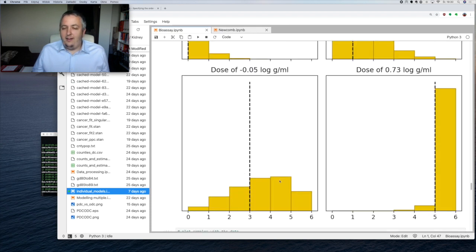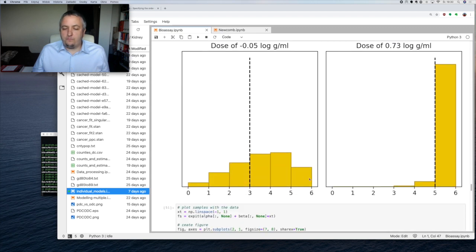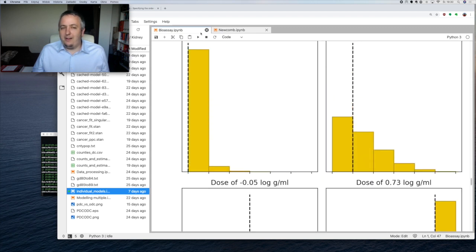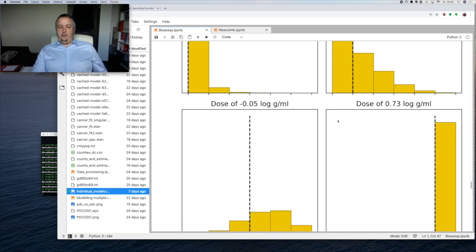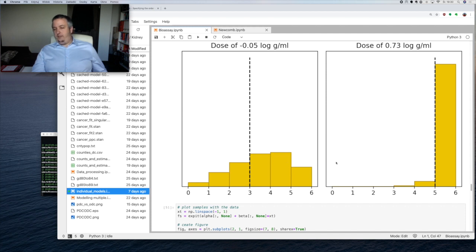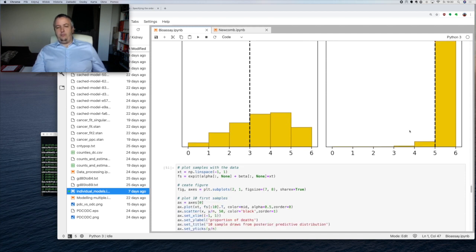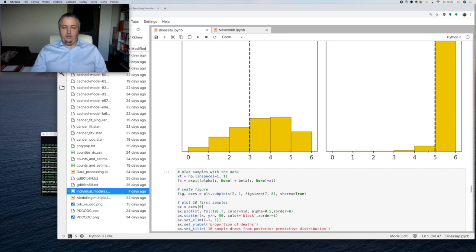The maxima of the histograms are located either at or very close to the actual observed values. So we can see that our model is well representing our data. There is no conflict here with the data, despite the fact that the values are integers.